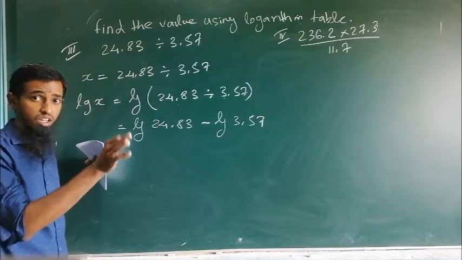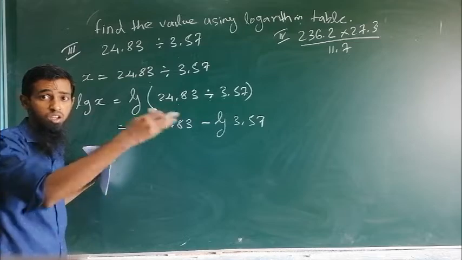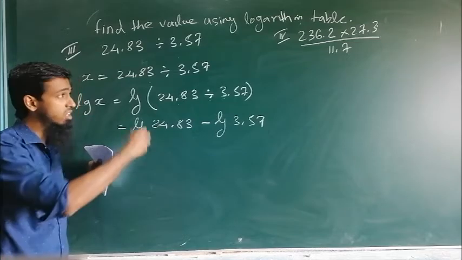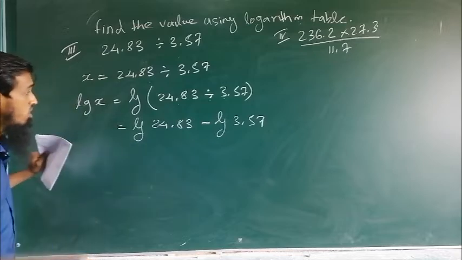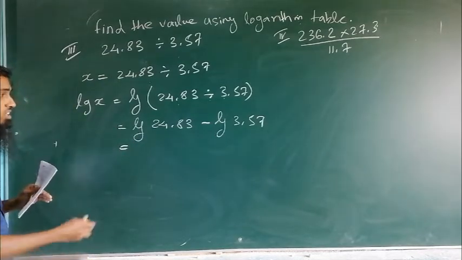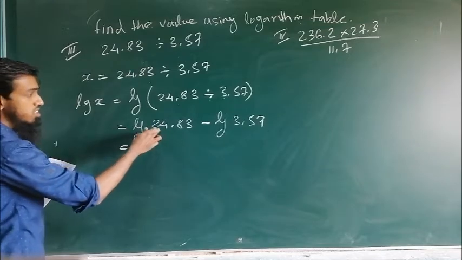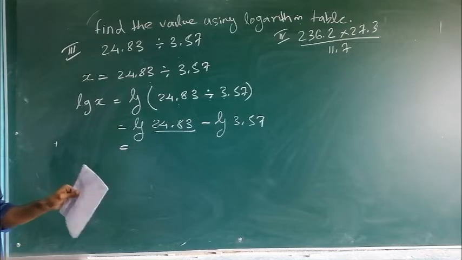This is what we studied in the logarithm 1 session theory. We always use this theory. So we have the step to find the logarithm, because each and every number needs a logarithm sign to use the logarithm table.